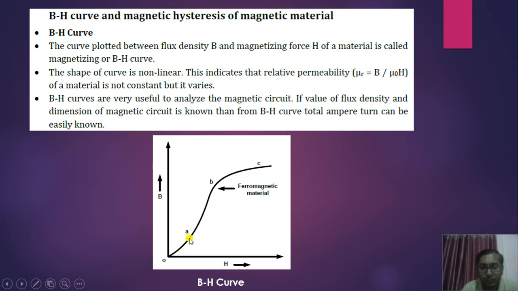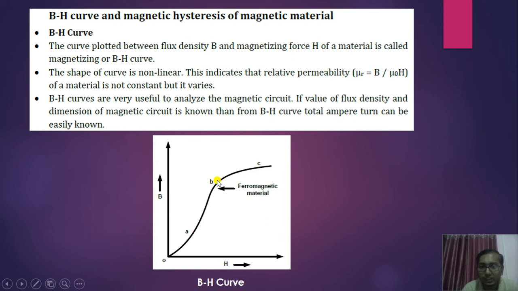From O to A you can see that B is directly proportional to H, and from A to B, for just a small change in magnetic force, there is a drastic change in magnetic flux density. And from B to C, the magnetic flux density attains saturation with the change in magnetizing force.